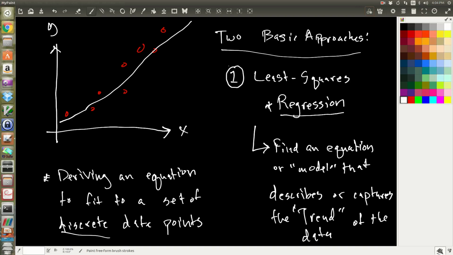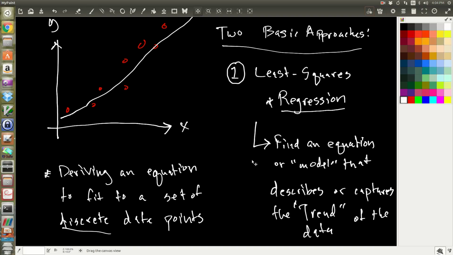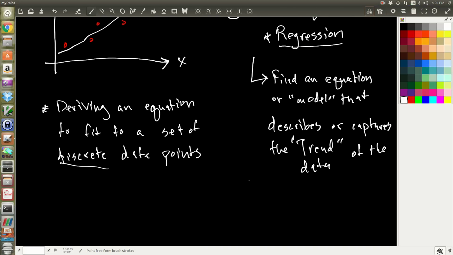Now, we've talked about the first approach, regression. It should be noted that because regression is trying to capture the trend of the data, it doesn't necessarily pass through all the data points. It could pass through one or more of the data points, but it doesn't have to pass through any of the data points, technically. So that's another characteristic of regression.